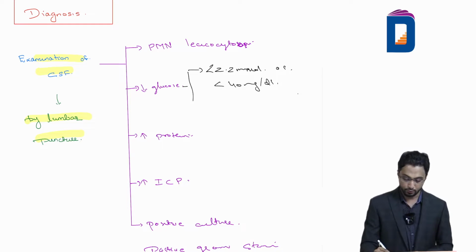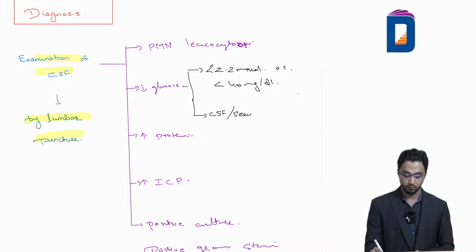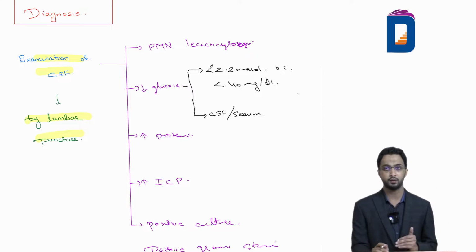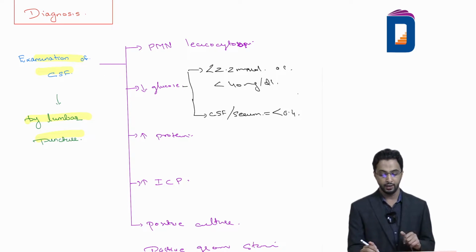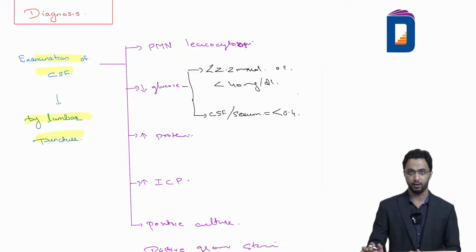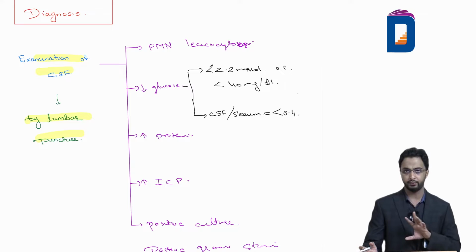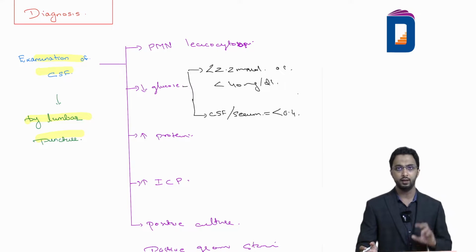Now, the book says another methodology, where you find the ratio of CSF glucose divided by serum glucose. You will see that it is usually less than 0.4. It's a ratio, so there is no unit. This is very typical; it is seen in other meningitis also, but slightly more typical towards bacterial meningitis.